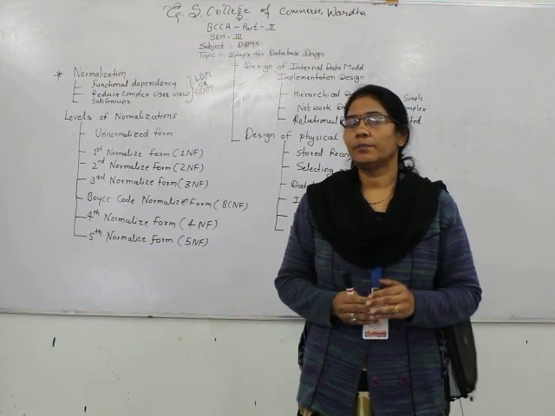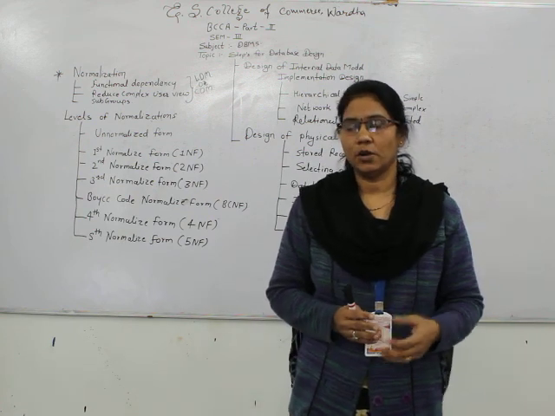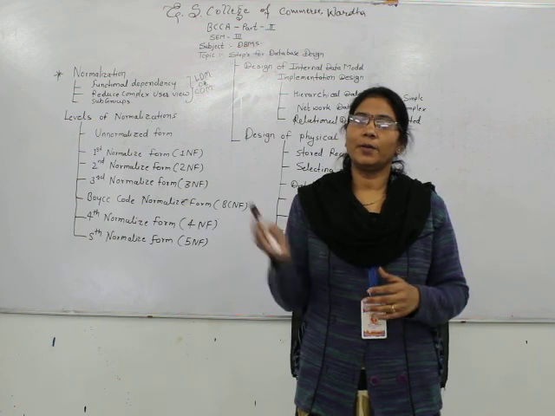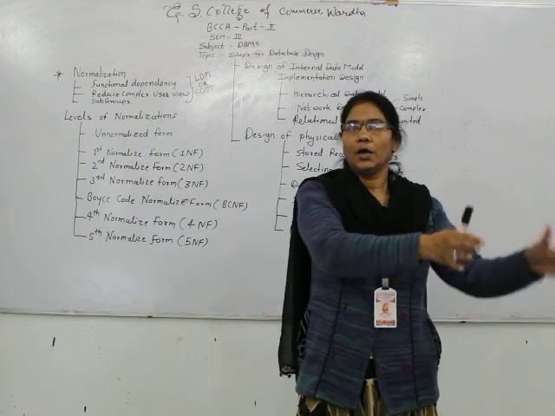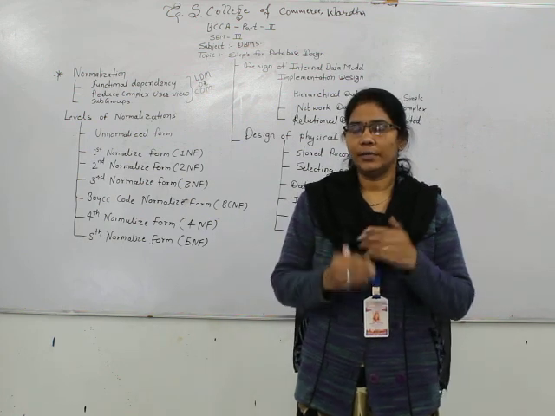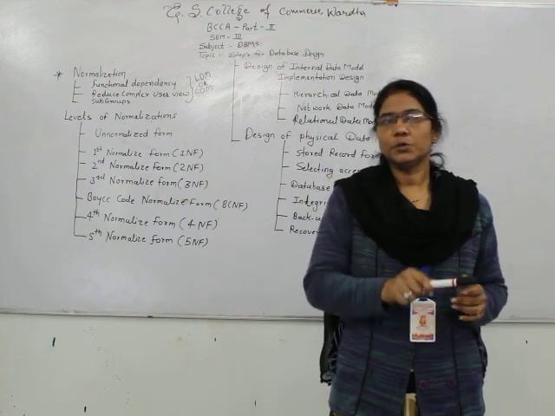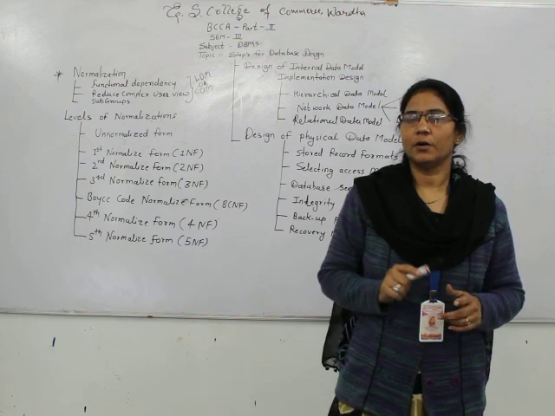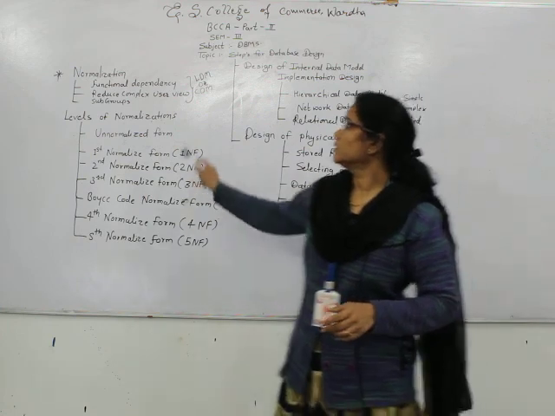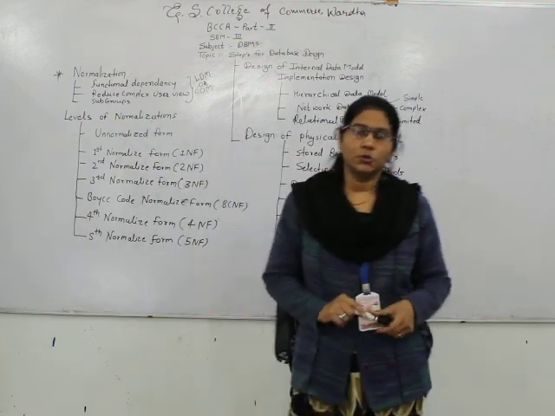Then the next step is normalization. We apply normalization to the entities so that the functional dependency is removed. So the second step in the conceptual data model is normalization.